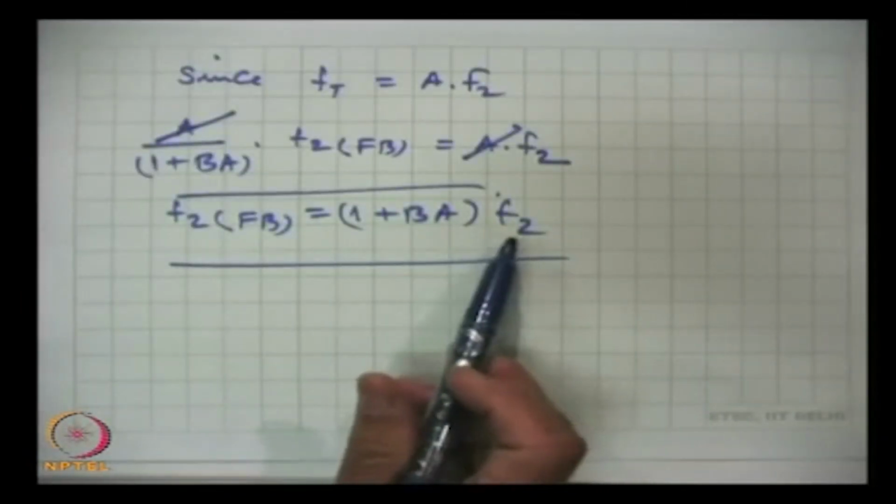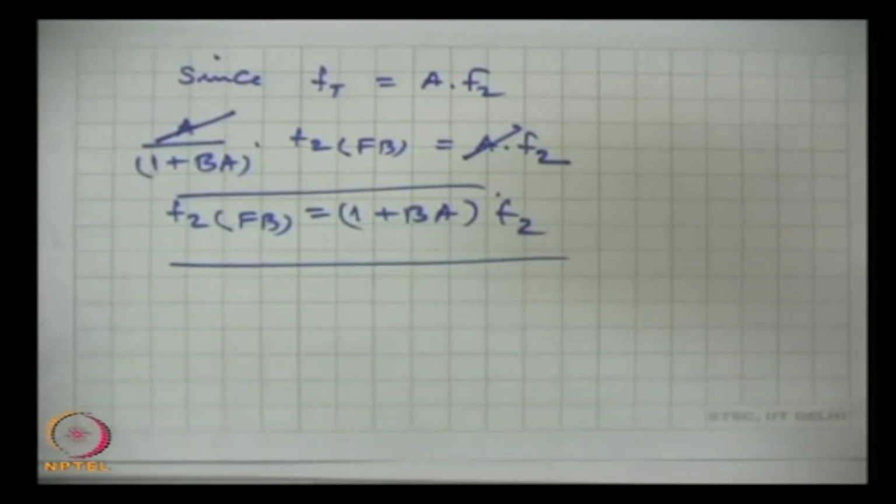So, always remember that negative feedback is going to enhance the bandwidth, but what is the price which we will pay for this advantage? The gain will fall.